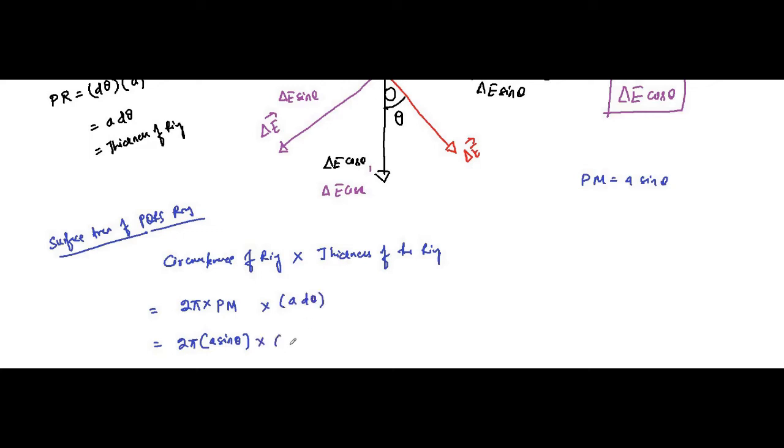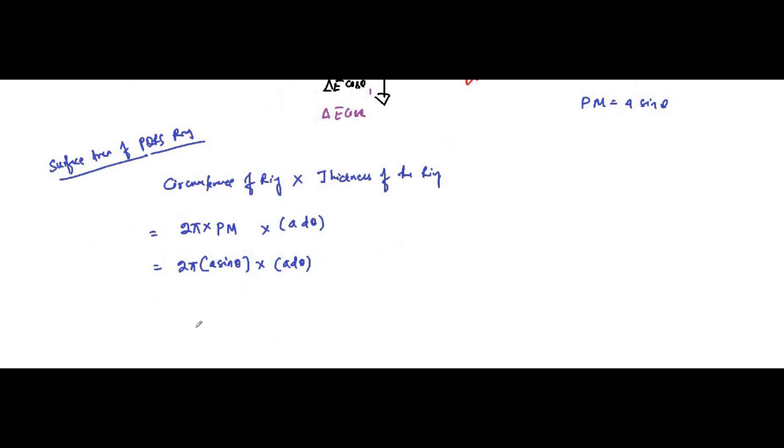So finally, the surface area of the ring is equal to 2 pi A square sin theta d theta. That is the surface area of this PQRS ring.